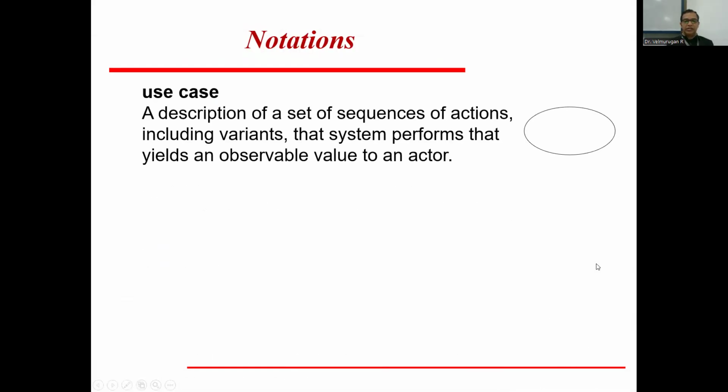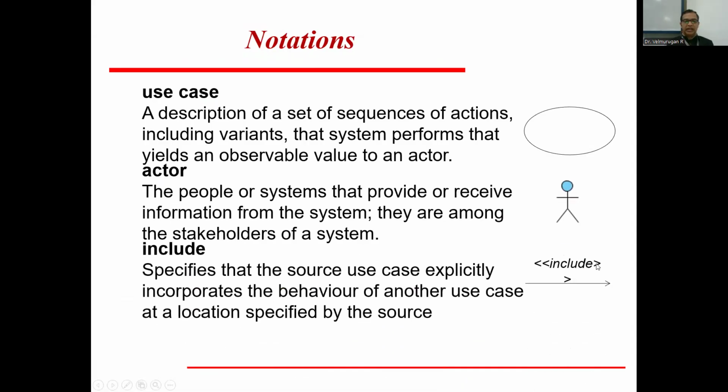So these are the notations used in use cases. We have a use case, which is nothing but a normal process symbol. This is called a process symbol, which we normally use in our other diagrams, like a data flow diagram or any other kind of diagram that illustrates the functional behavior of a given system.